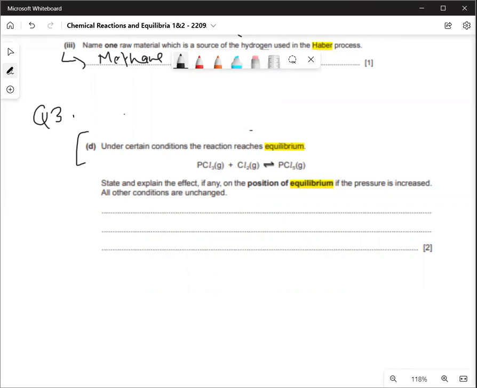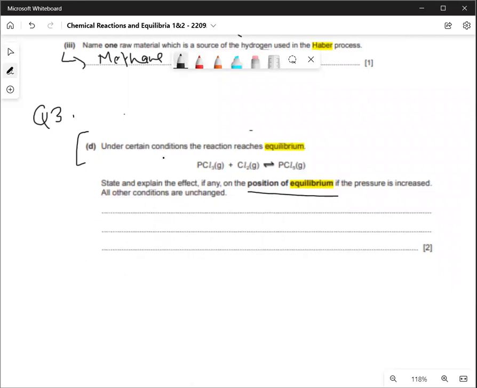PCl3 gas plus Cl2 gas gives us PCl5 gas. State and explain the effect, if any, on the position of equilibrium if the pressure is increased. Yeah, so tell me what happens. What happens to the position of equilibrium if pressure is increased?